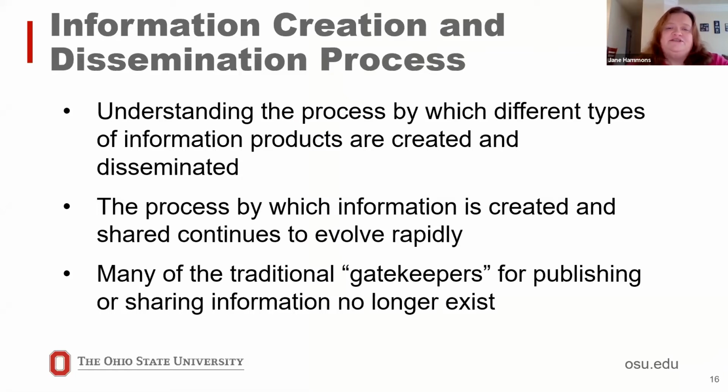There are so many options. The traditional, what we would call gatekeepers, for example, for publishing, don't really exist. Anyone can basically publish anything and make it available to anyone online. And so it can be a real challenge to understand how rapidly this system is progressing, all of the different ways that information can be created and shared.